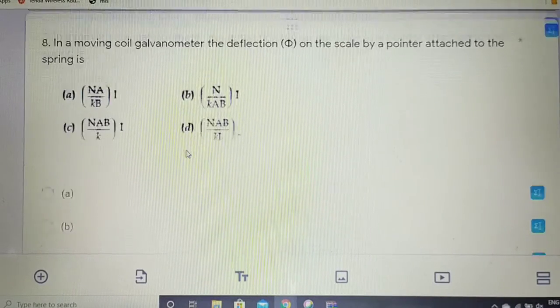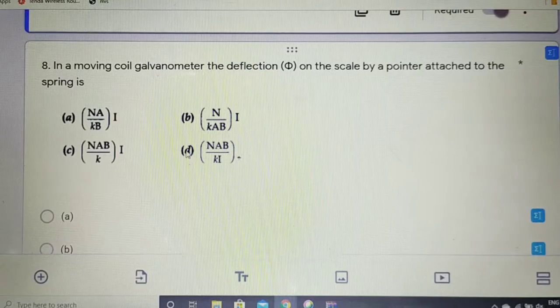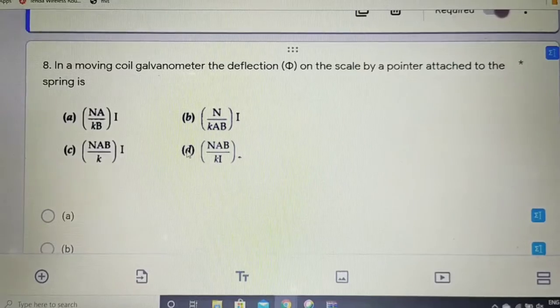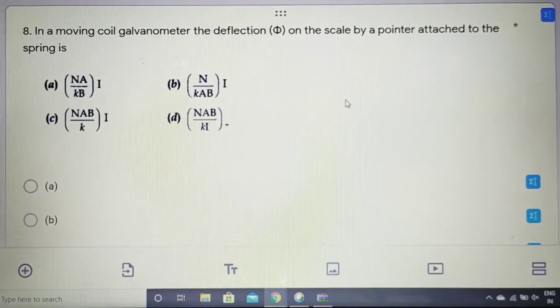The next question says that in a moving coil galvanometer, the deflection theta on the scale by a pointer attached to the spring is. We have to tell the formula for deflection. We can easily find the solution to this question.